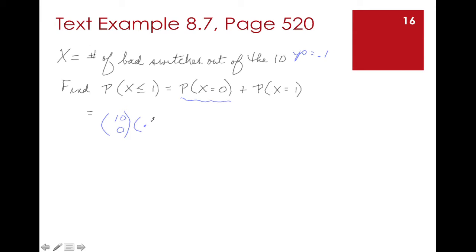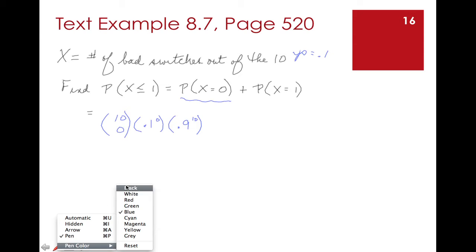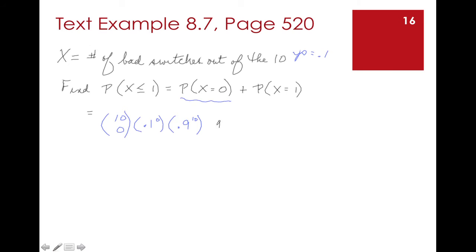So we would have 0.1 raised to the 0 power. If your probability of success is 0.1, your probability of failure would be 0.9, and that's going to be raised to the 10th. Remember, you'd subtract those numbers in the choose function to get that. So that's the first part.